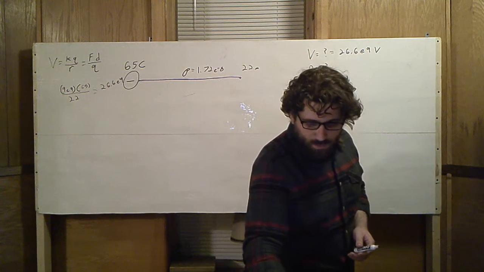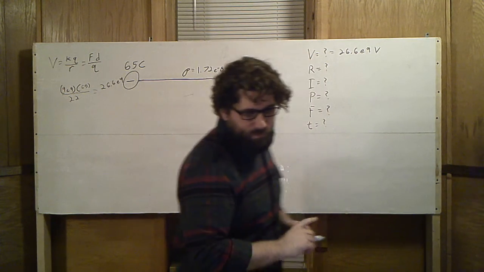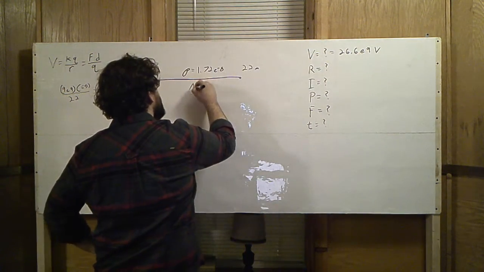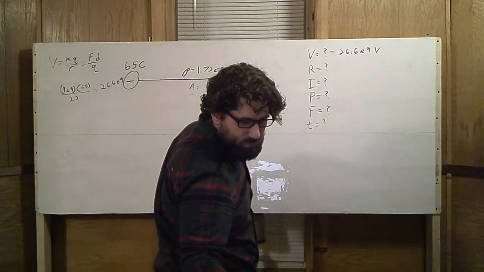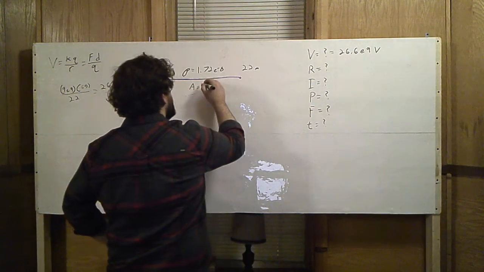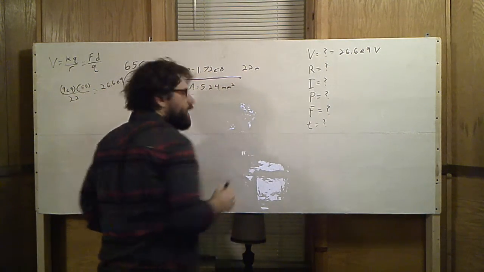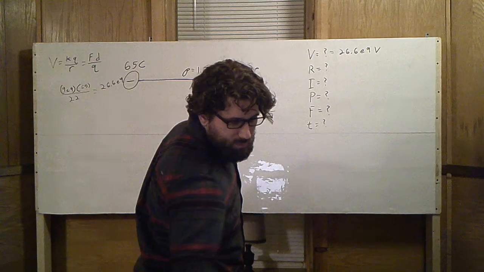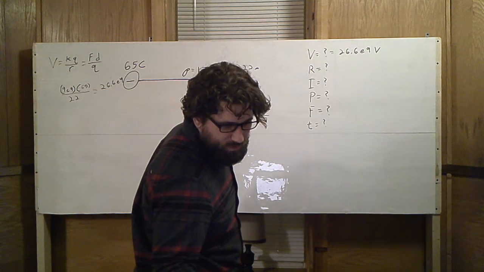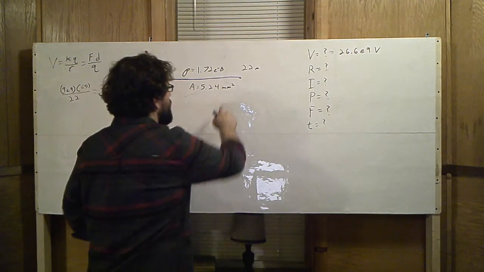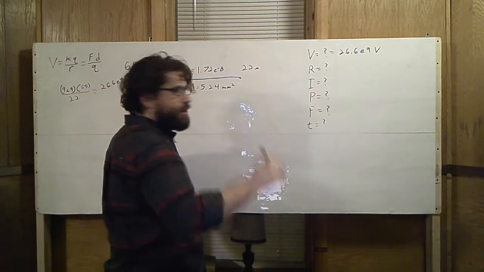And then we need to know the area. The area is going to be 5.24 millimeters squared. Ooh, millimeters squared. We need that in meters squared. So we need to convert millimeters to meters.